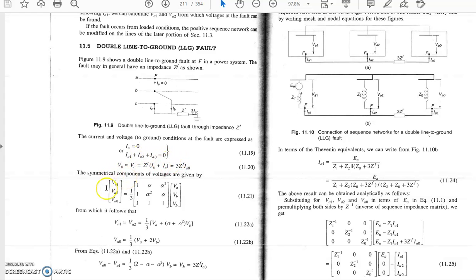And for the sequence components of voltage, VA1, VA2, VA0 equals 1 by 3 of the matrix 1, 1, 1; 1, alpha, alpha square; 1, alpha square, alpha, times VA, VB, VC.